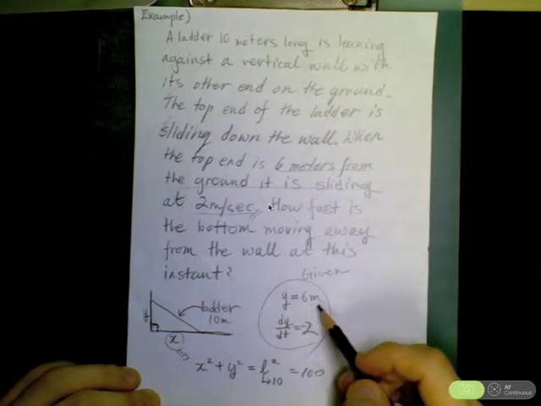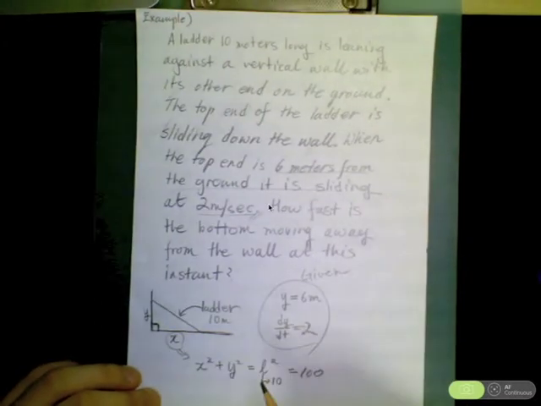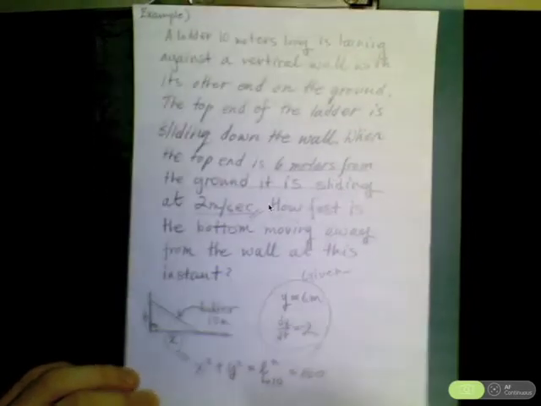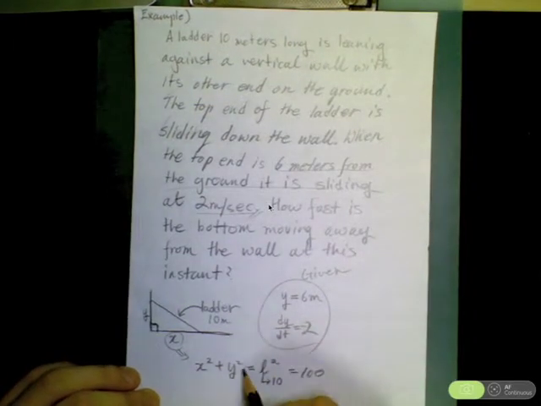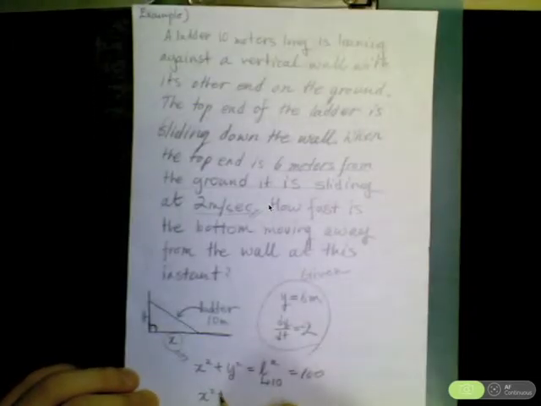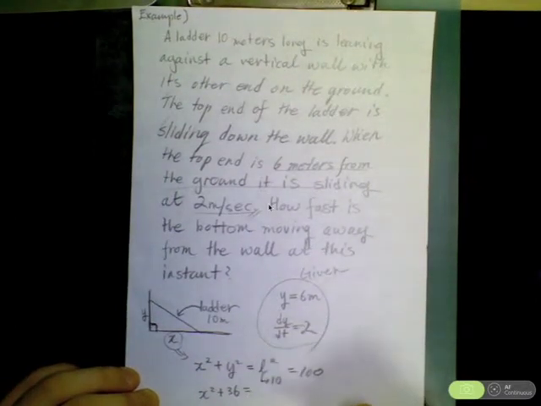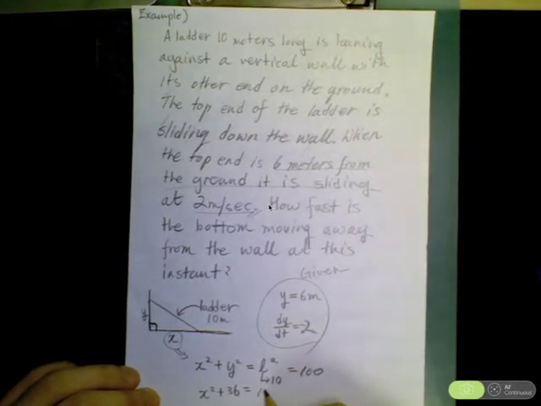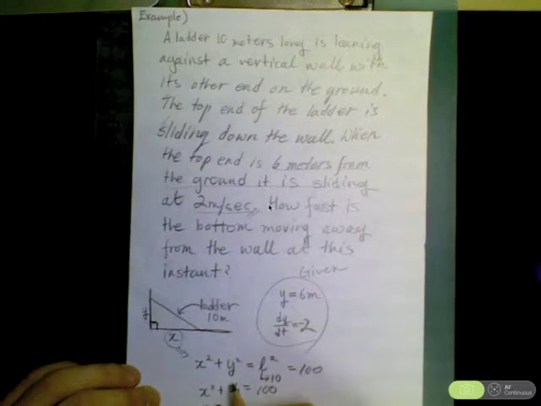Now you have y equals 6 meters, so you can plug it right in here to find the x. Once you plug in 6 for y, it will be x squared plus 36 equals 100, and x would be 8.